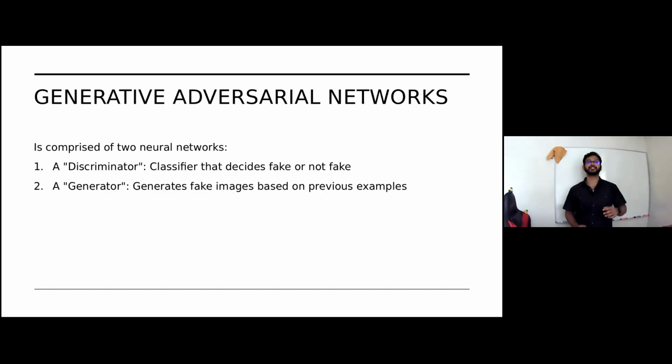That's essentially saying, is the picture that I'm given part of the data set, or is it not part of the data set? The next neural network generates images, saying, I want to forge this image and I want it to pass the forgery. So you can think of it as a cop going against a forger. The generator generates fake images and the discriminator says whether or not it's fake.